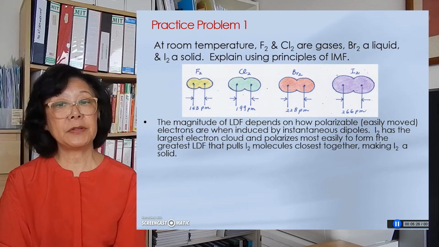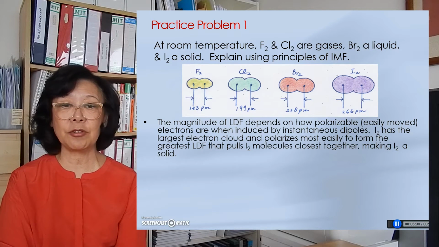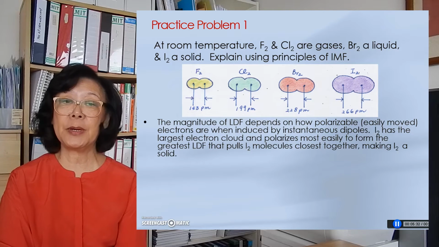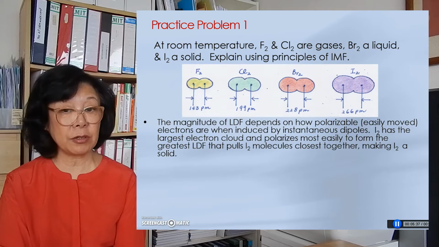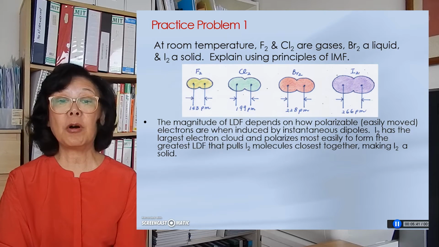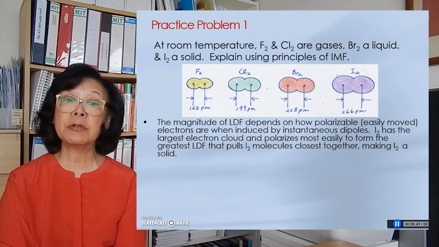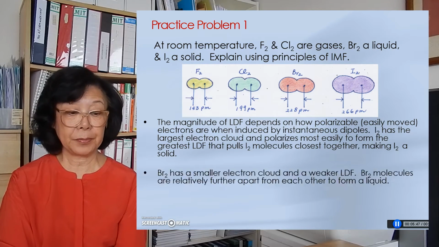The magnitude of the LDF depends on how polarizable or easily moved the electrons are when induced by instantaneous dipole. Now, iodine has the largest electron cloud, and therefore it polarizes most easily to form the greatest LDF that will pull the iodine molecules closest together to form a solid.